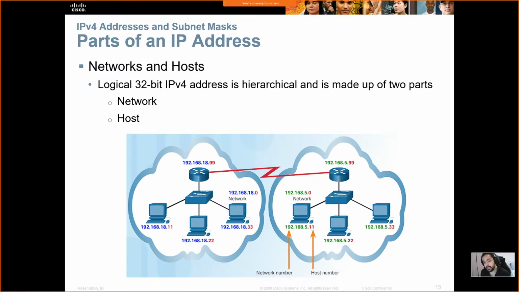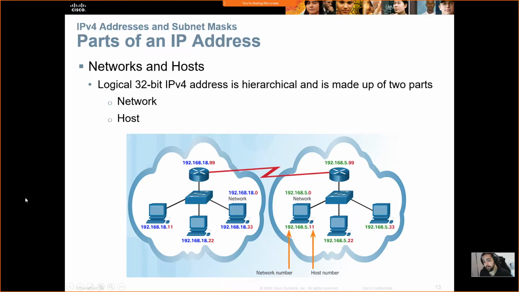They need to be connected physically, but they also need to be connected logically. And by logically, I mean that the network portion of the IPv4 address needs to be the same.